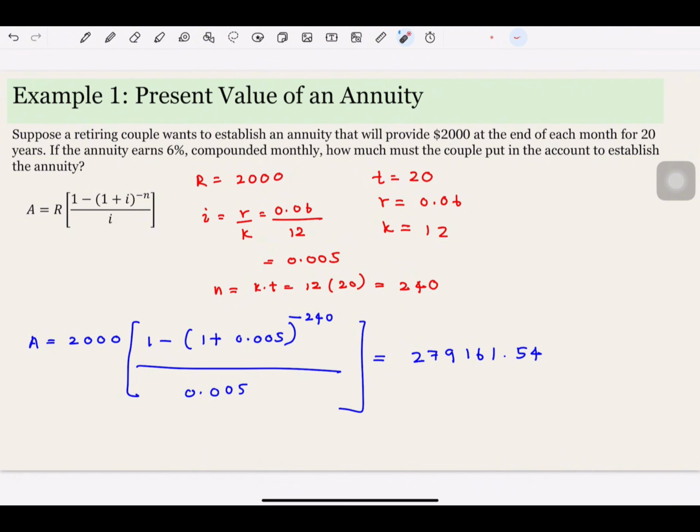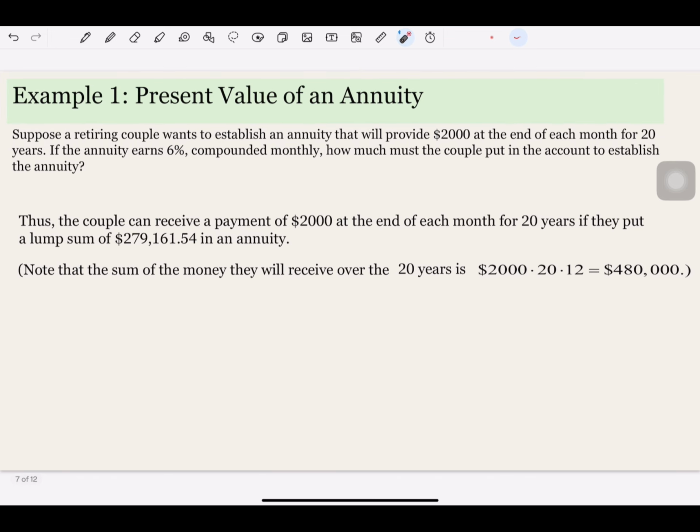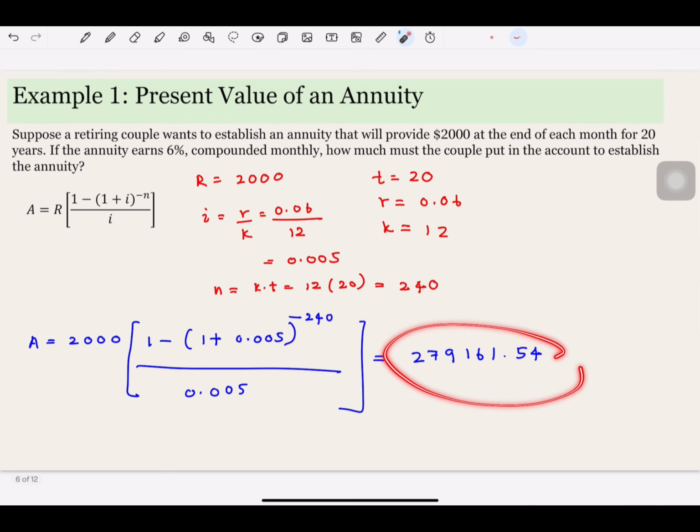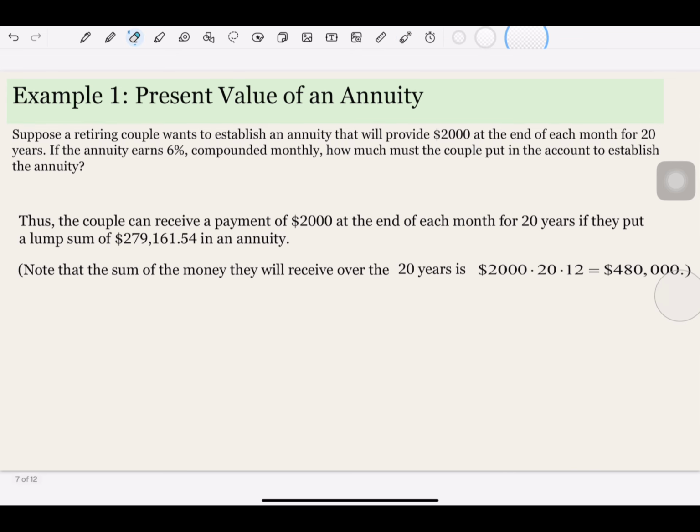Also, if you do the calculations, the total sum of money that they will receive over time is around $480,000. But they will put this amount of money into their annuity right now to get that amount.